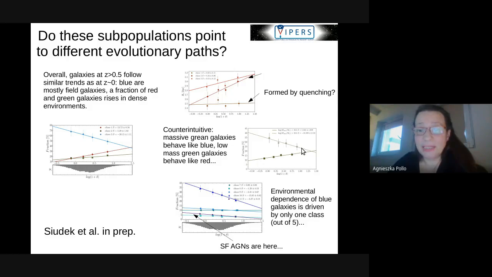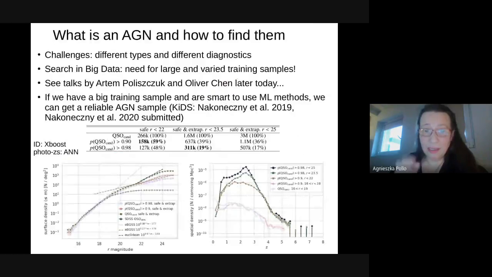Less massive galaxies behave more like red, meaning they are less abundant in dense environments. So this is something which is opposite to the trends we see in blue and red galaxies. With yet bigger statistics in future surveys, we can see what happens then.